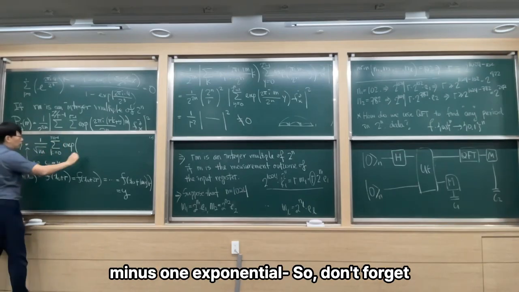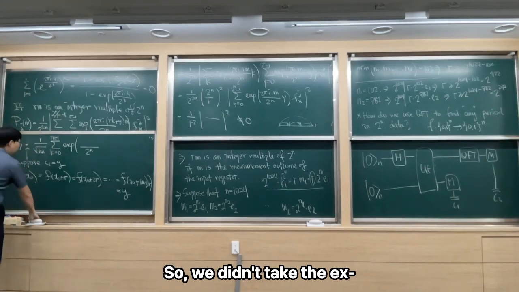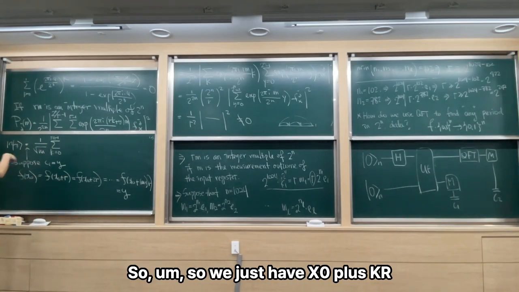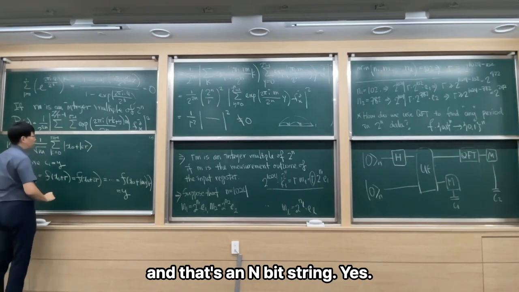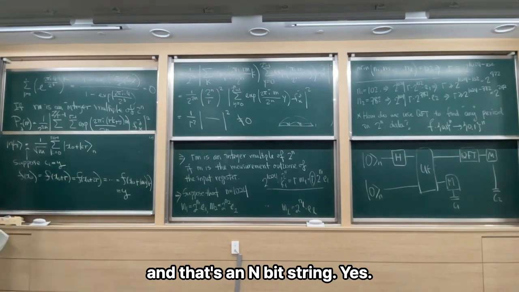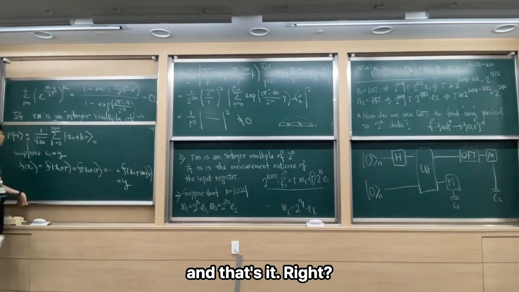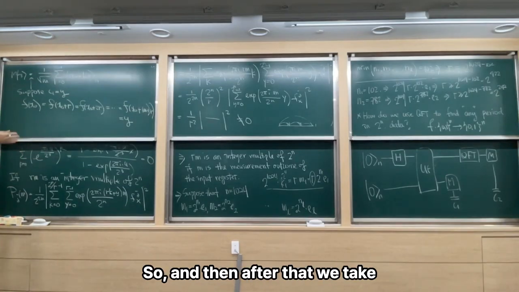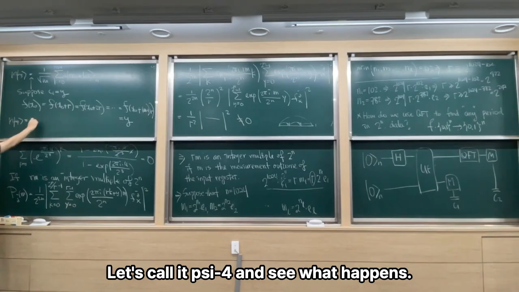Don't forget that we haven't taken the quantum Fourier transform yet, so we just have x0 plus kr, and that's an n-bit string. So it's an n-qubit state, and that's it, right? After that we take the quantum Fourier transform. Let's call it psi4 and see what happens.